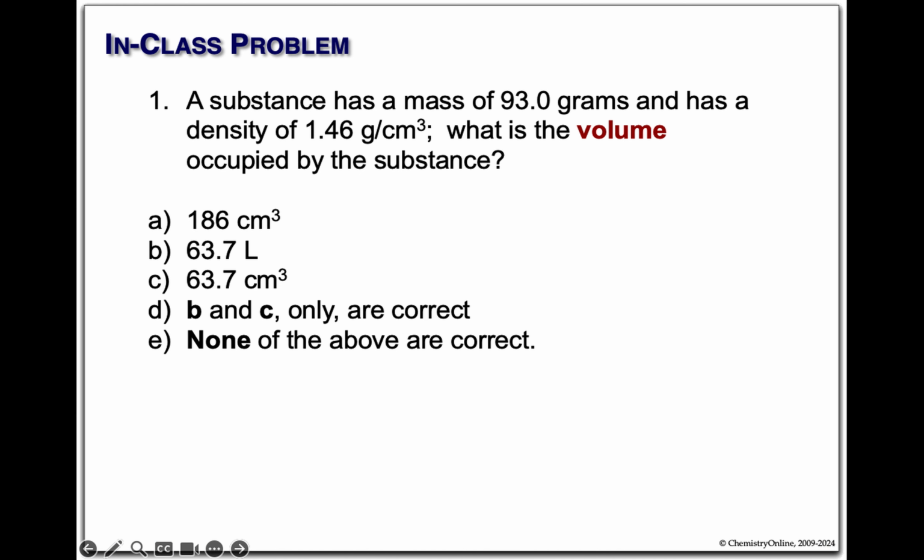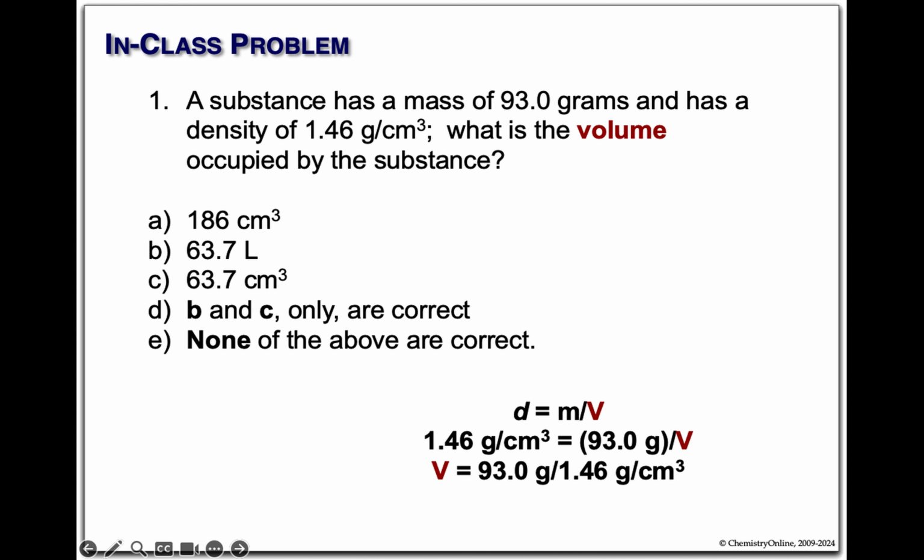Let's do this with the formula. Okay? Density is mass divided by volume. Let's substitute. Here's our density. Here's our mass. We're looking for volume. Simple algebra, we separate out volume. And it's mass divided by our density.